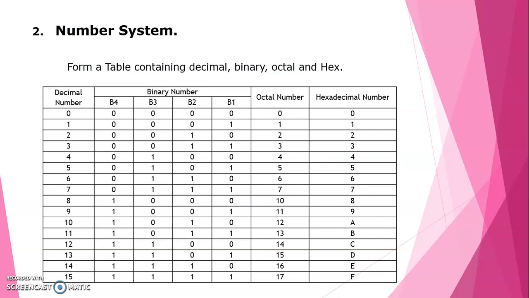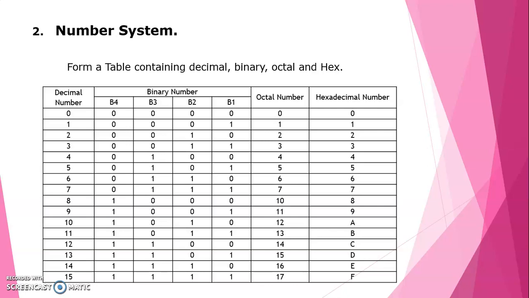Next we will discuss the number system. The table contains the different number systems. We have different number systems like decimal numbers, binary numbers, octal numbers and hexadecimal numbers. Decimal is 0 to 9. Binary has only 0 and 1. Octal has 0 to 7, that octal means 8.